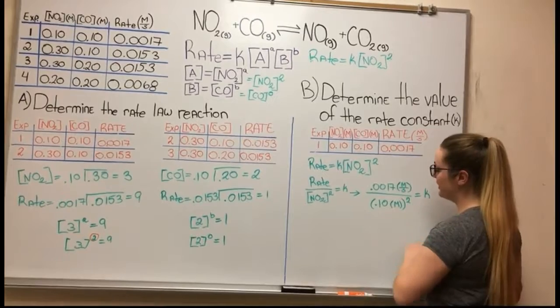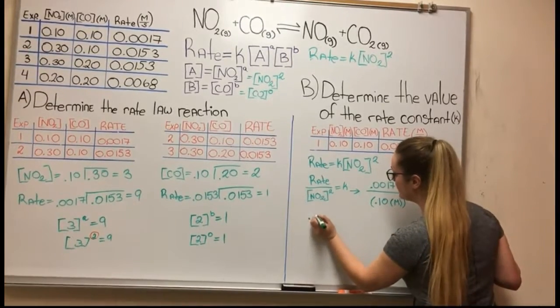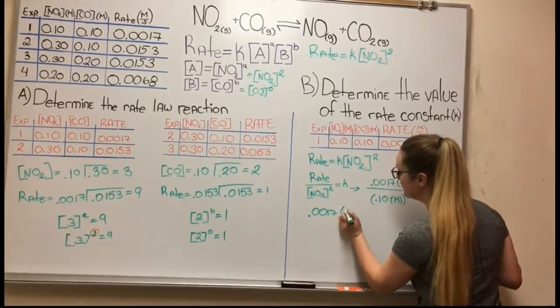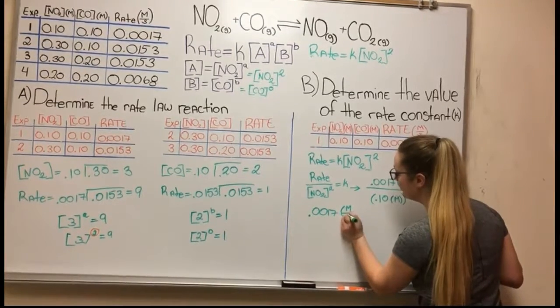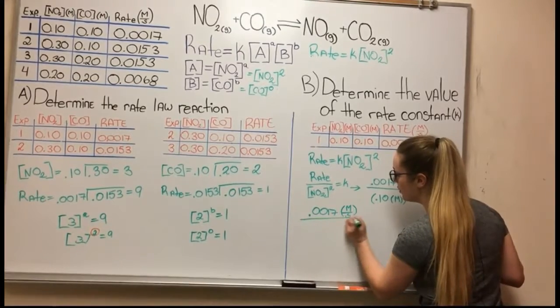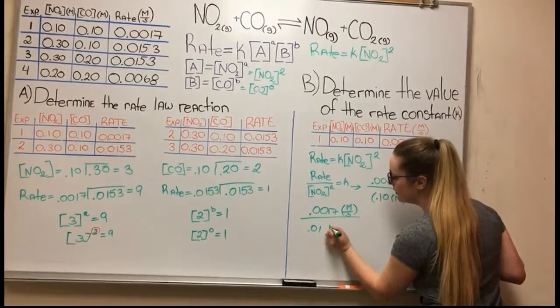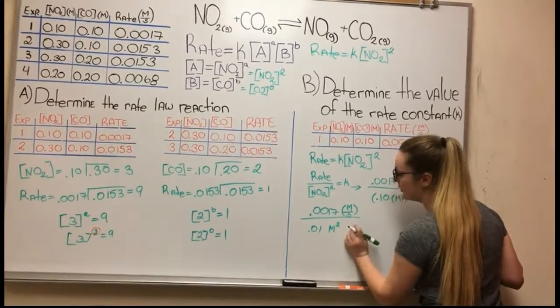Now you're just going to simplify, which is going to give you 0.0017 M over S, over 0.01 molarity to the second power.